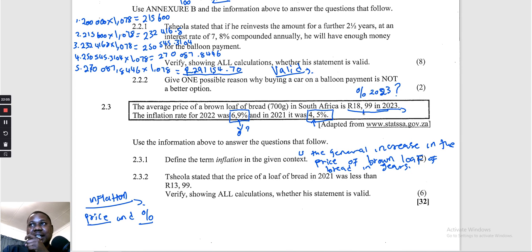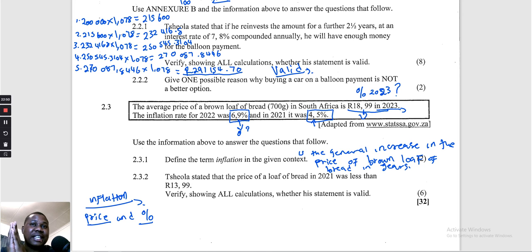But now we don't have that percent. If they said the inflation for 2023 is 7%, we would know that the inflation has increased with 0.1%. Now it means that the price of bread in 2022 has increased. It was not 18.99, it was something else, but that price that we don't know for 2022 has increased with 0.1%.